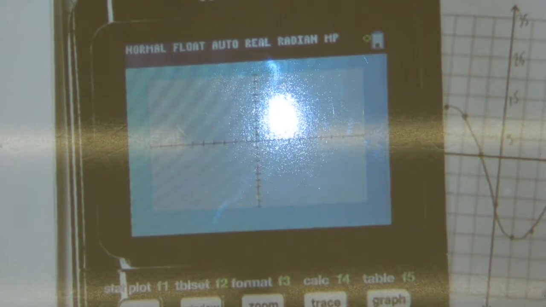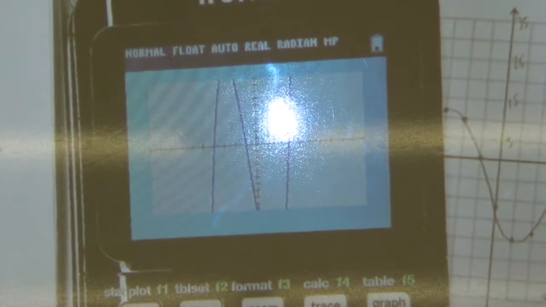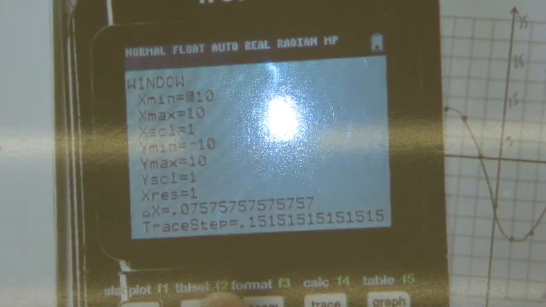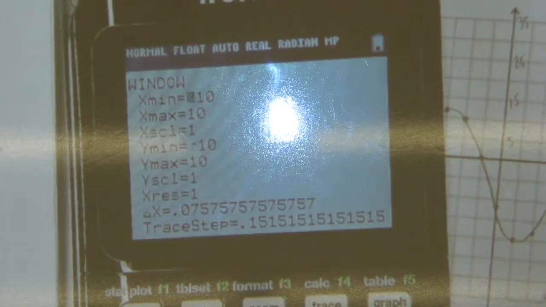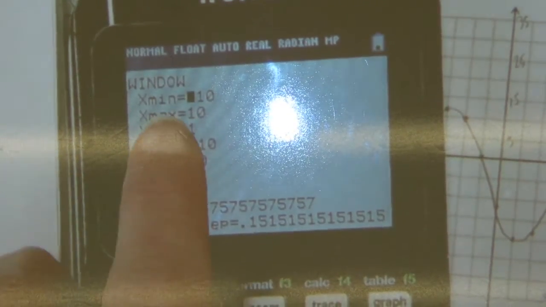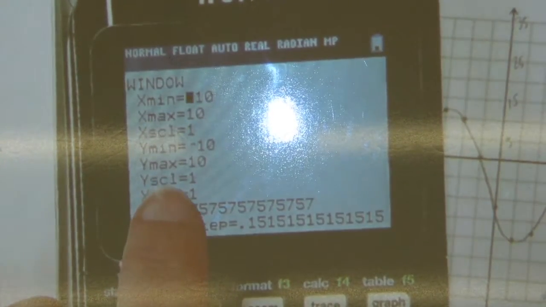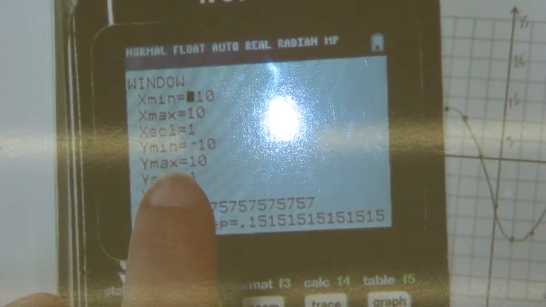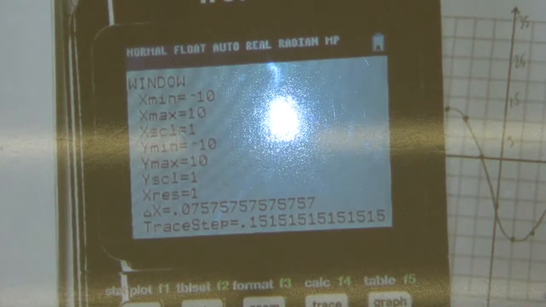What happens if our graph window isn't big enough? We can't see the local max or min, can we? No. So what you do is go to window. Pay attention. Go to window, and you're going to change your Y's, the up and down.